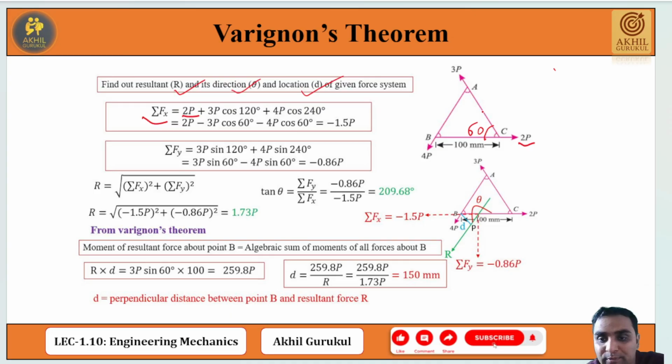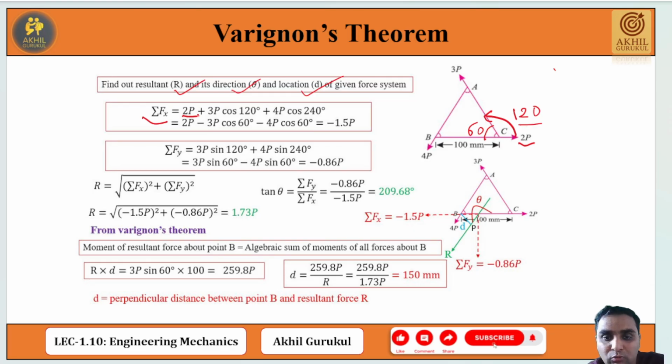Then 3P is making an angle, what is the value of this angle? 120, because the entire angle is 180, this angle is 60, means this angle should be 120. So the force 3P has angle 120 from positive x-axis in anti-clockwise.